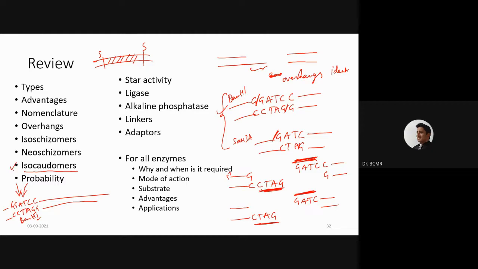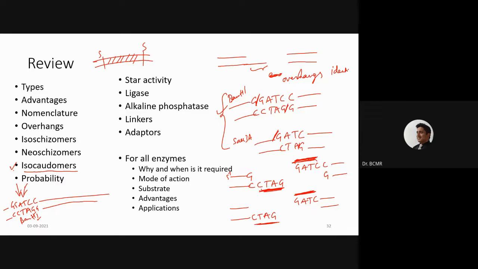But these are not things that I want you to memorize. You should know that there are restriction endonucleases which may differ in their sequence specificity and cleavage site, but may give rise to the same overhangs.